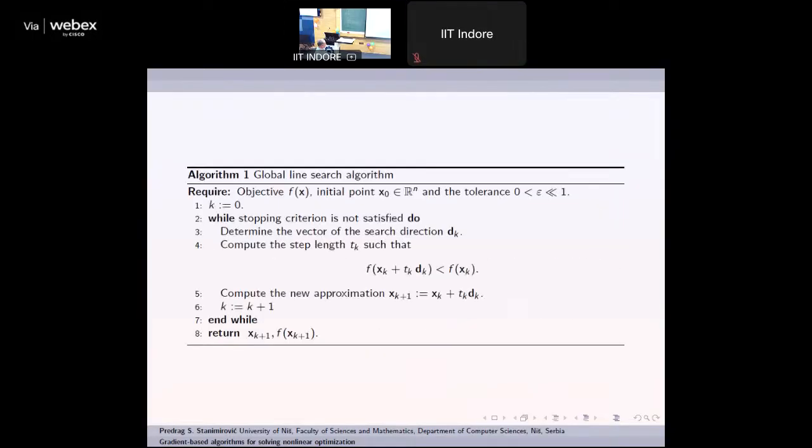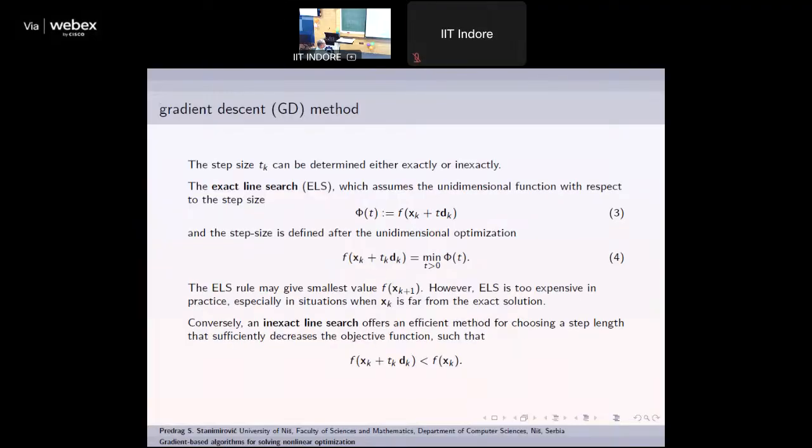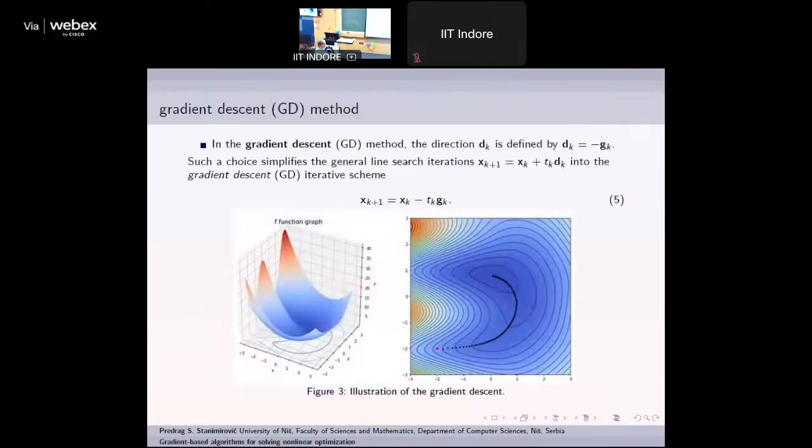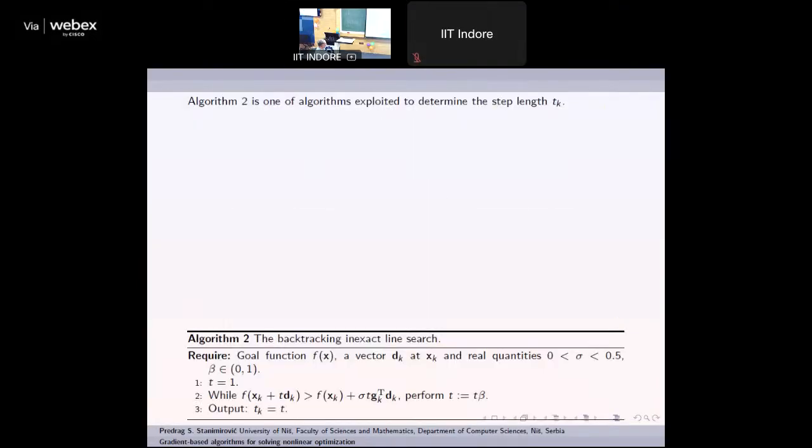One of the inexact line searches is the backtracking line search. This condition we use. Define sigma in this interval. Define beta, for example, 0.8.